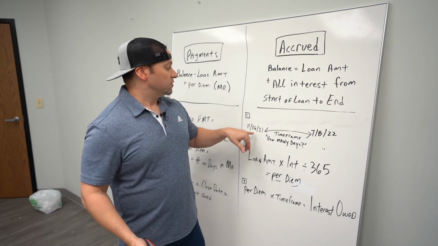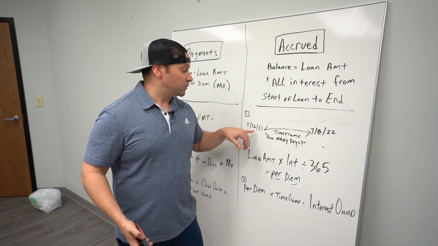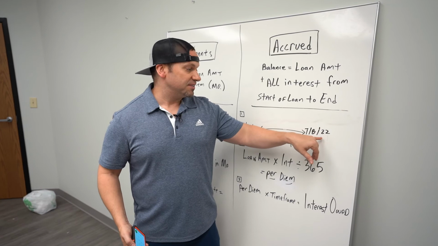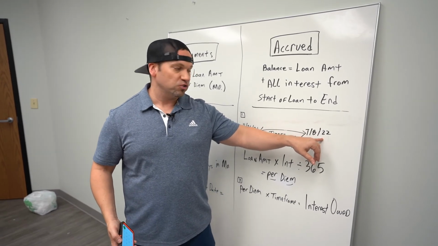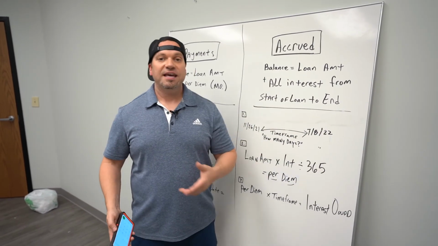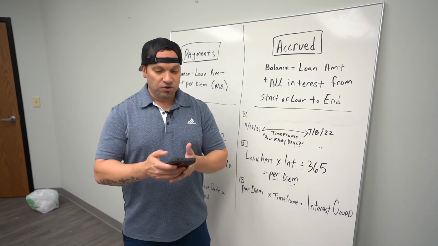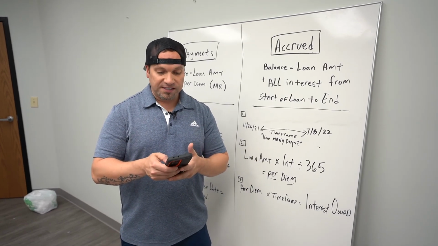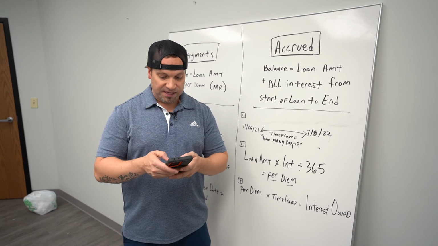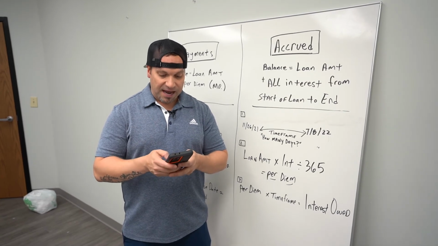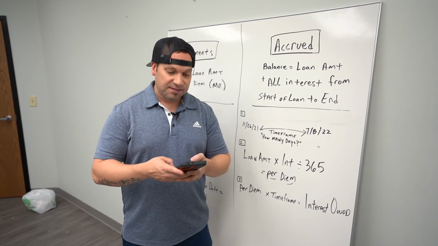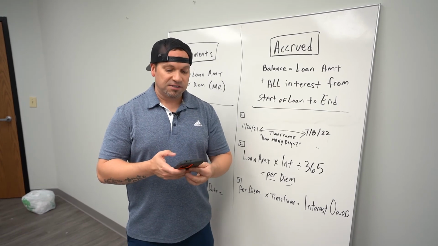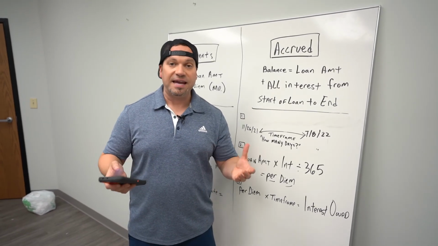So now you take how many days in between the day that you borrowed the money and the day that you're paying the loan off because you sold the property, and let's just pretend it was 97 days. So you take your per diem, your $27.40 times 97 days equals $2,657.80.